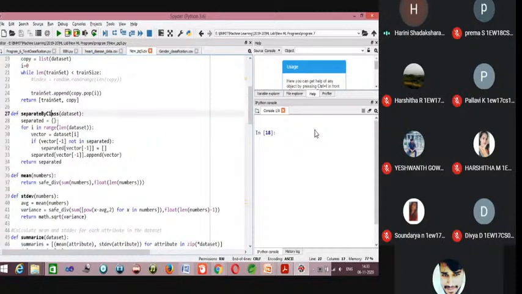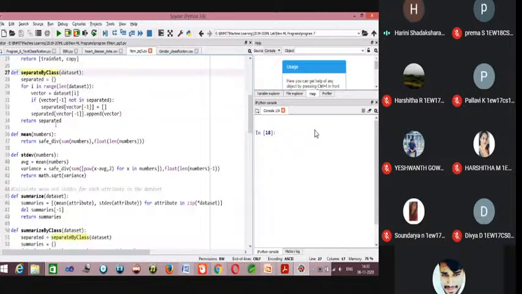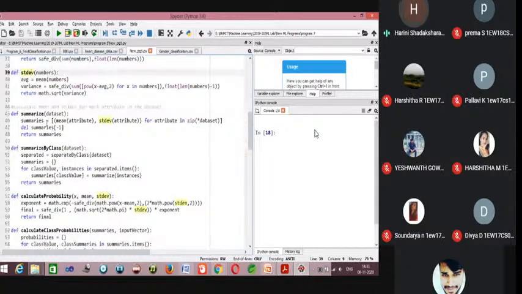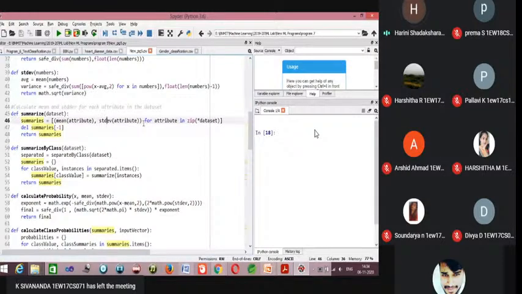Separate by class, as the name itself tells, separates based on the classification, male and female. Mean finds the mean based on the class. Standard deviation finds the standard deviation based on the class and the feature. Summarize puts them together, mean, standard deviation, everything.